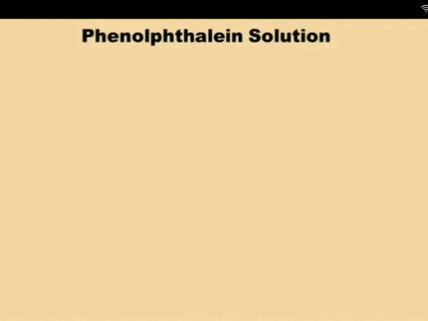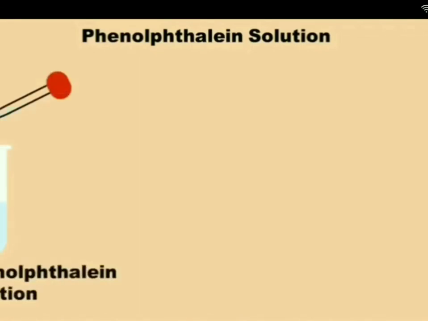And what about phenolphthalein solution? Okay, it is an artificial indicator. What is used? Phenolphthalein solution. You put a drop of acid. What happens? The color does not change. Phenolphthalein solution is colorless. It doesn't have any color.